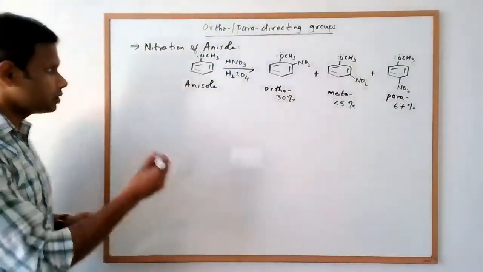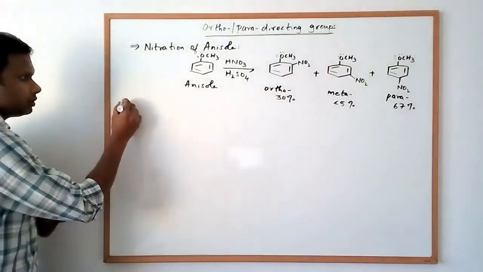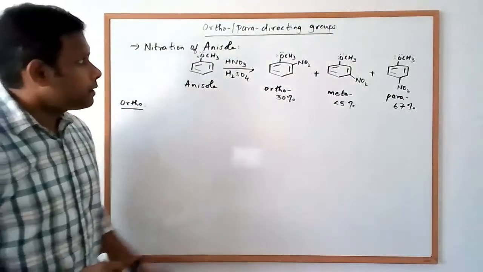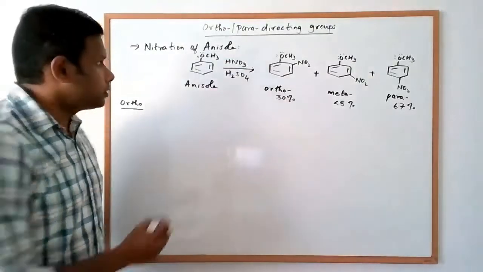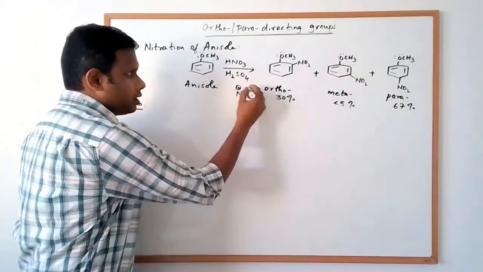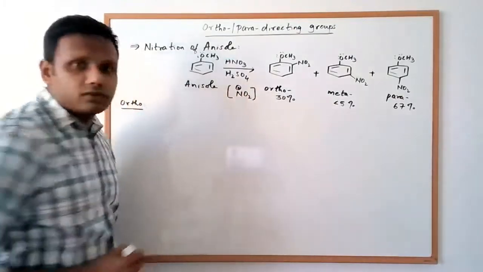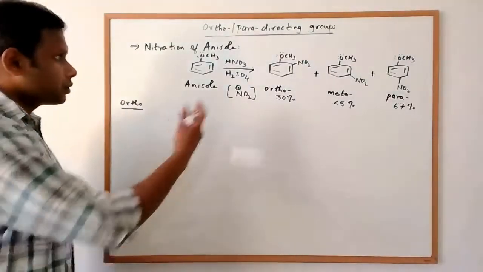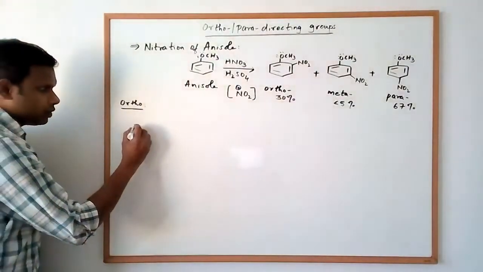So let's get started. We will start with the ortho product first. Since we are using the nitration reaction as an example, remember that the electrophile in a nitration reaction is a nitronium ion.